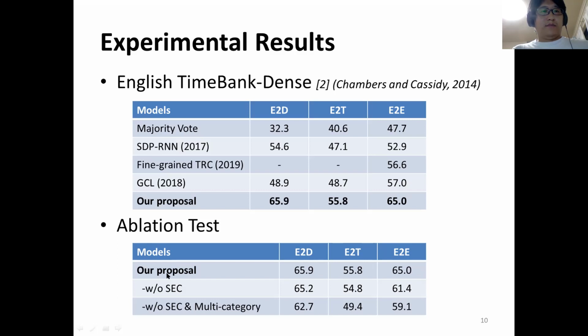We can see the result in the bottom table. By removing the global inference and the multi-category learning, our model dropped 3 points in the E2D and dropped 6 points in the E2T and 6 points in the E2E categories. This indicates that our two contributions make a significant improvement for this task.